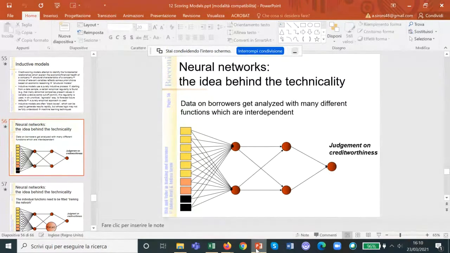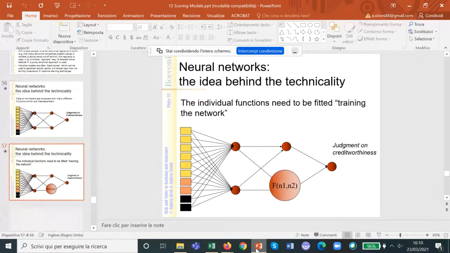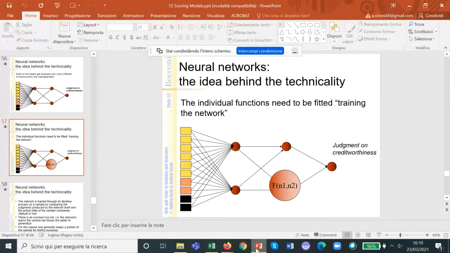And one technique, for example, is neural networks. Another one is genetic algorithms. But basically, they all share the same underlying idea. I put down all the data of the borrower, and then I ask the machine to find out what are the empirical regularities and basically find out what are the rules.